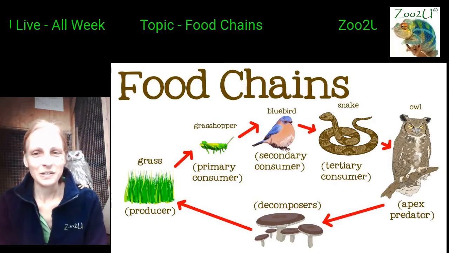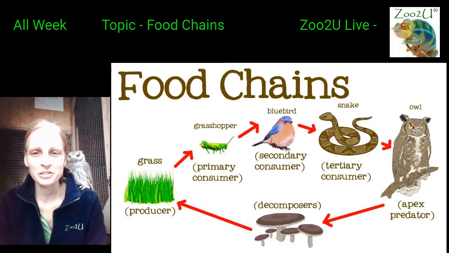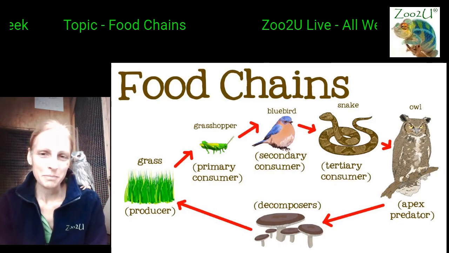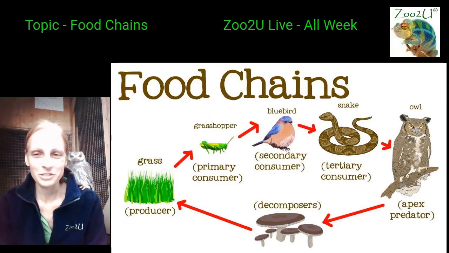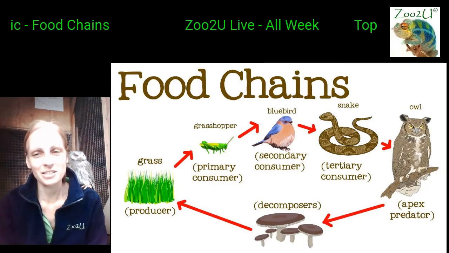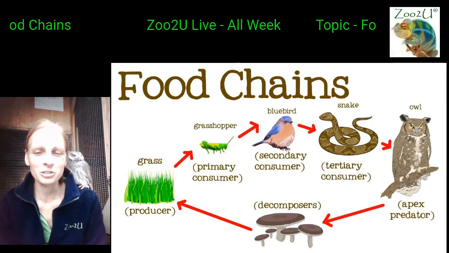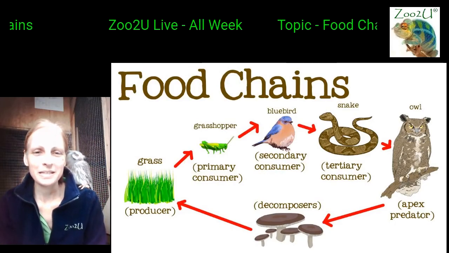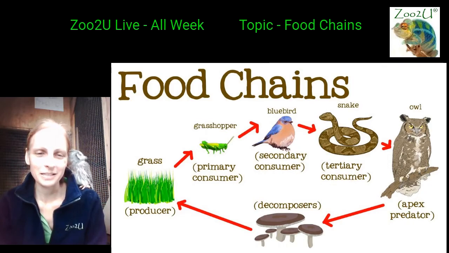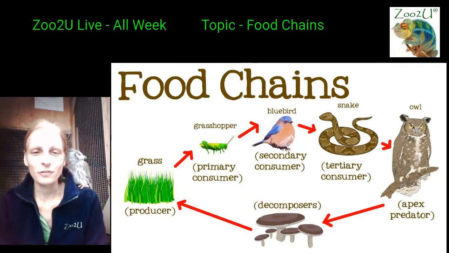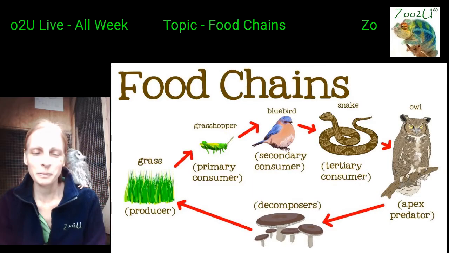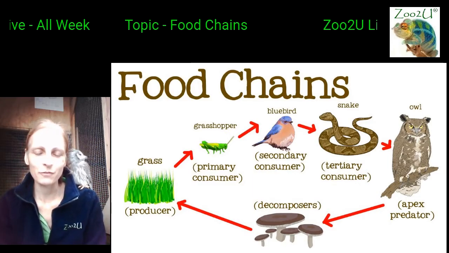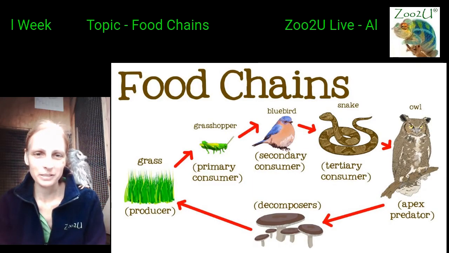The second link is the secondary consumer, and this consumer would eat the primary consumer, and so on and so on. You can see the snake is the tertiary consumer, and right at the top of that food chain is our apex predator. Apex predators are very special creatures because they don't have any natural predators.